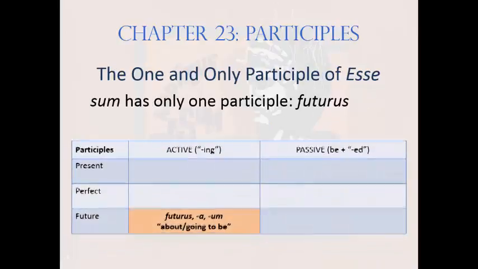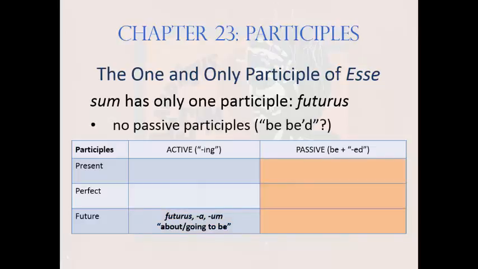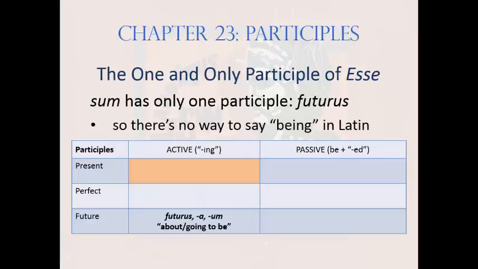Finally, the verb to be in Latin, sum, esse, has only one participle, the future active, futurus, a, um, probably one of the easiest forms to remember in Latin. Future, futurus. Naturally, sum has no passive forms, being, been, but quite unexpectedly, it also has no present active participle, the equivalent of English being.